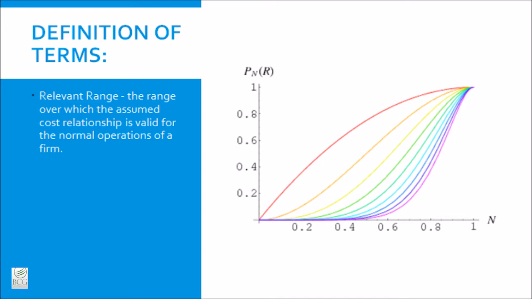For example, if the output production reaches outside the relevant range, then the fixed cost, which we know remains constant, will change as well. This can be understood by the picture that will be shown next. So this is the relevant range.